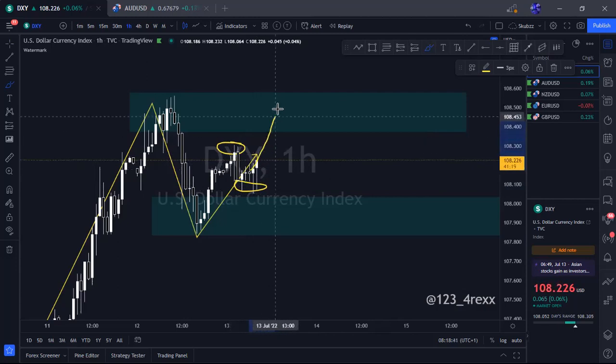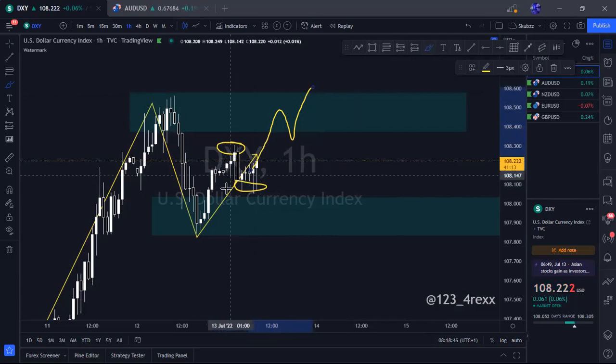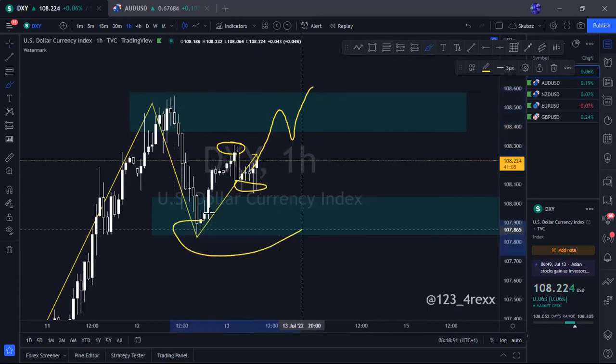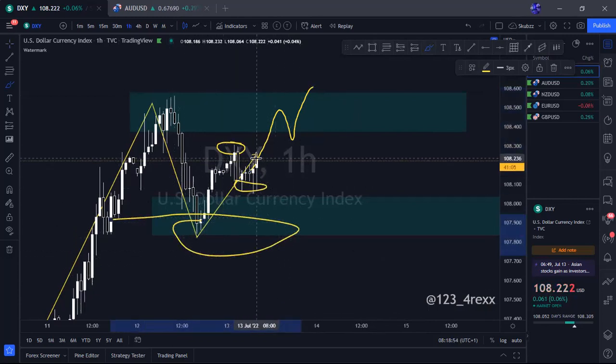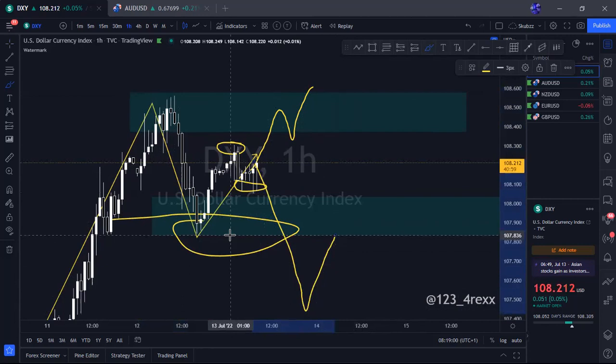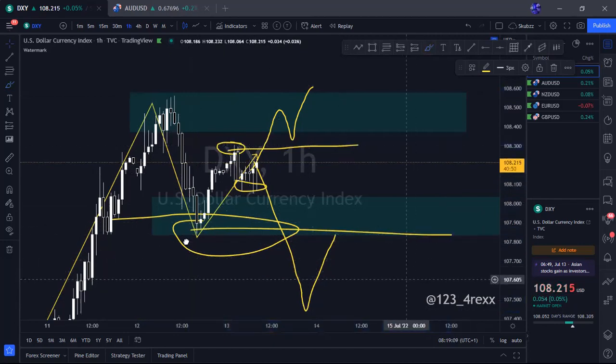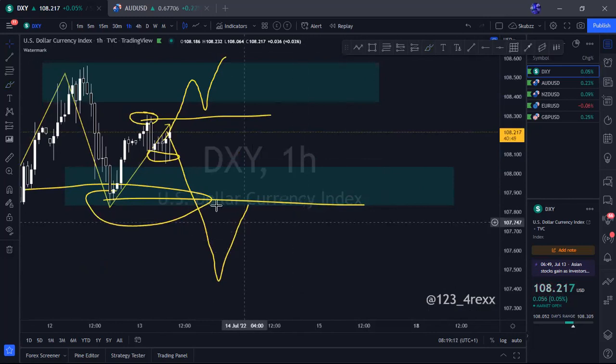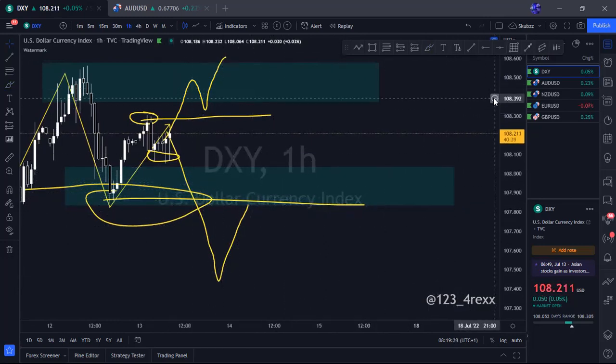The moment price breaks any of them, to the up or to the downside, to the downside, I would say don't hold these lows to heart. Use this one here. For me, this will be the low that will give me confidence that this trend was shifting to the downside. So watch out for them, to the up or downside. The upside, use this one. The downside, use this one. This is what will give me the confidence that price is actually shifting towards a bearish market on the 1H, on DXY.